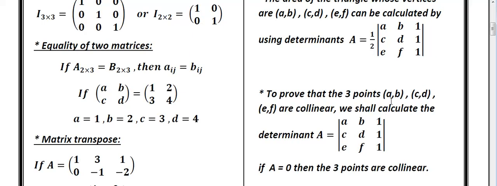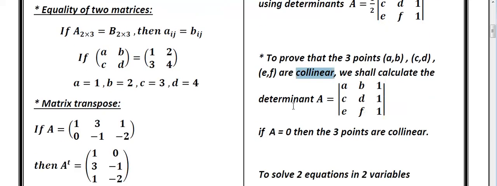To prove that three points are collinear, we calculate the determinant A with rows a, b, 1, c, d, 1, e, f, 1. If A equals 0, then the three points are collinear. Collinearity means all three points are on the same straight line. Okay, you must know these properties.